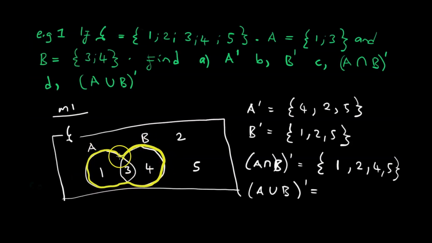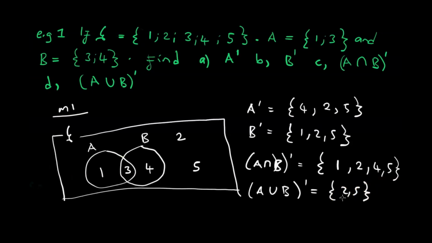This is A union B. Saka complement yacho kunze kunoko. That is why our answer here is A union B complement will be equal to what? It will be equal to 2, 5. Like this. Saka this is easy.